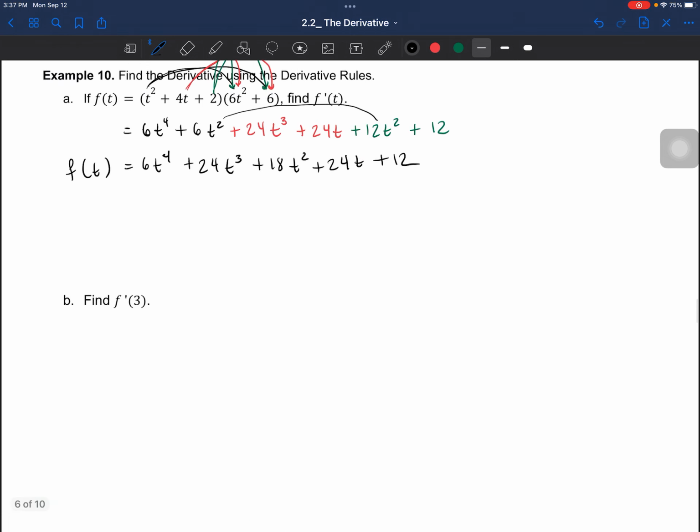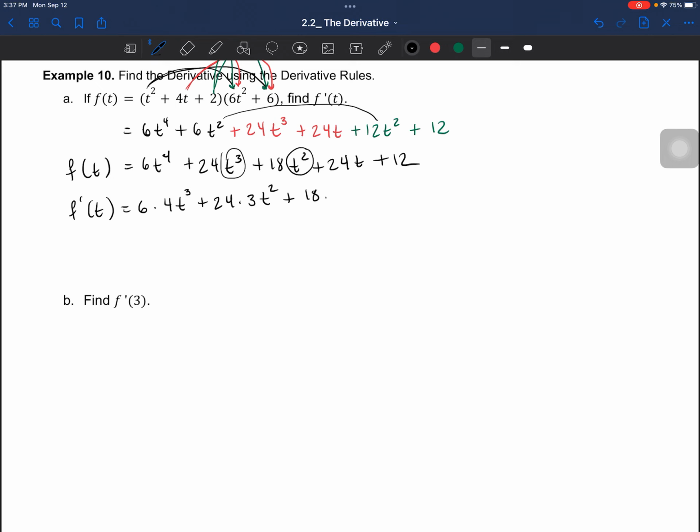And now what we're going to do is take the actual derivative of this. So using the power rule, we have 6 times 4t to the third, subtracting 1 from that exponent. Plus 24 times the power rule for t cubed, so that'll be 3 times t to the second.